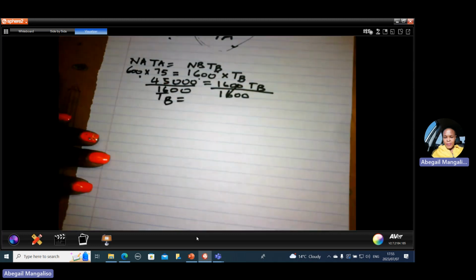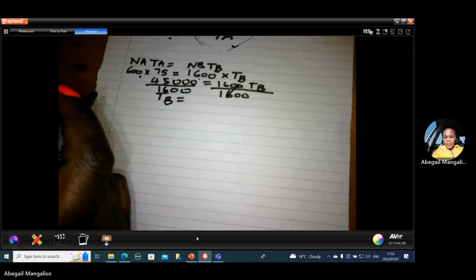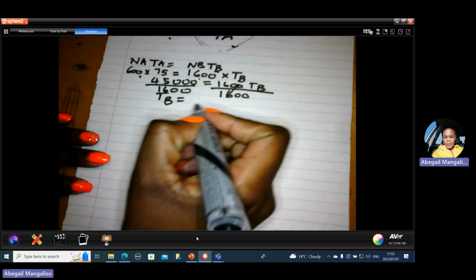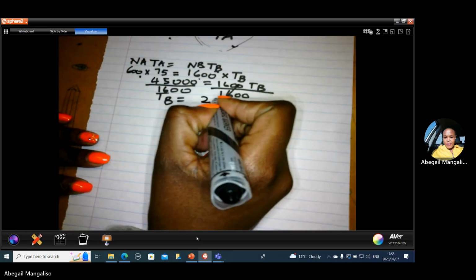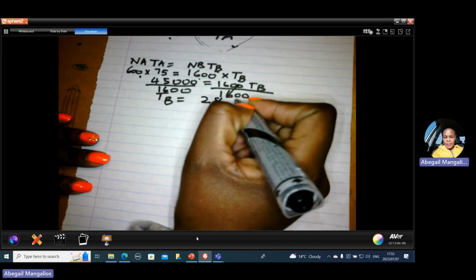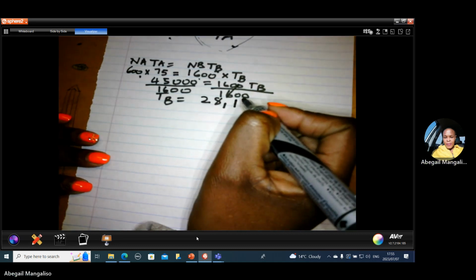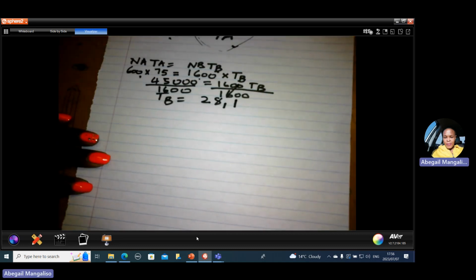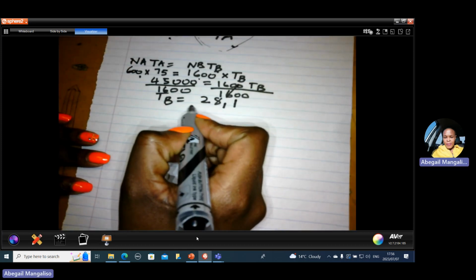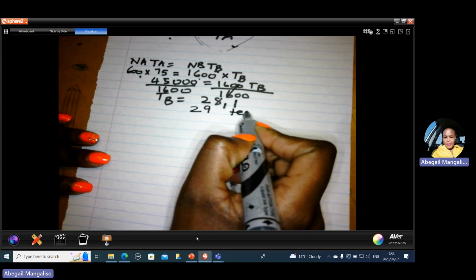The number of teeth for gear B will be 45,000 divided by 1,800. This will be 25 teeth.